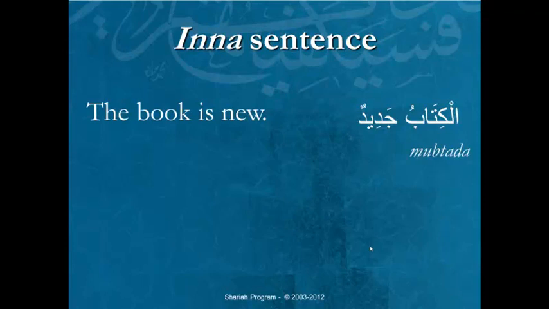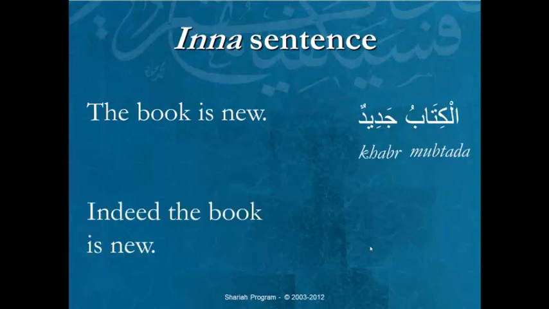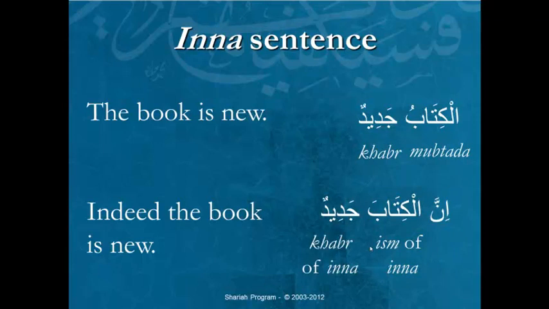Okay, so here's the basic example. The book is new, starting with mubtada and khabar. Add an inna at the front, so first of all the meaning changes and it creates a reinforcement. So we don't have the book is new, we have indeed the book is new. What was previously called mubtada is called the ism of inna, and what was previously called khabar is called the khabar of inna. Notice the ending on the word kitab here is different. Okay, it has a fatha on the last letter, so it's become a place of nasab.